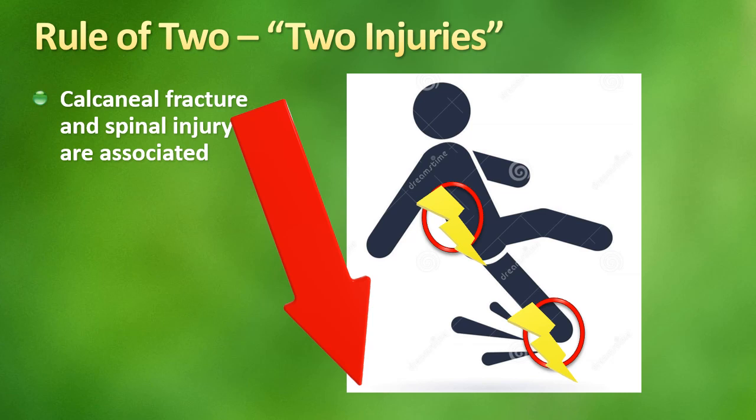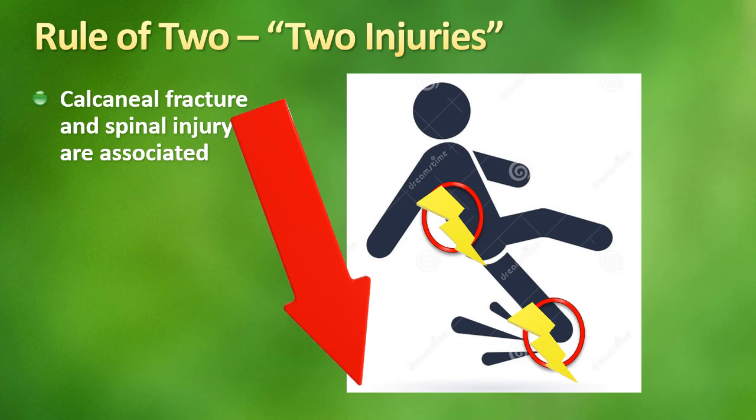That is, whenever calcaneal fracture is diagnosed, especially after fall from height, one should always suspect the presence of other injuries along the longitudinal axis of the human body. It has been observed that around 20% of the calcaneal fractures are associated with injuries of the spine, pelvis, or hip.